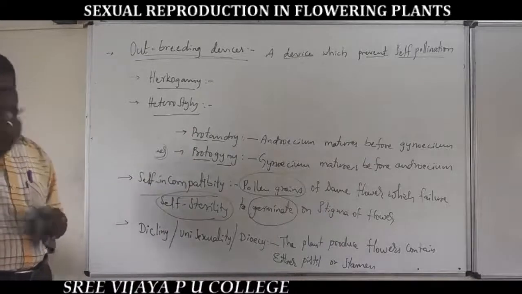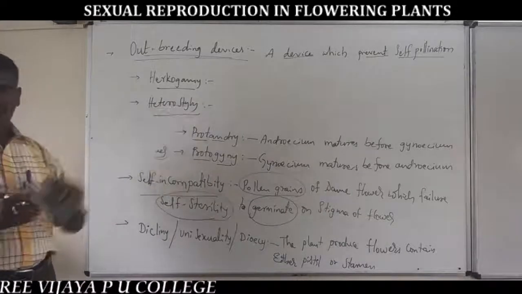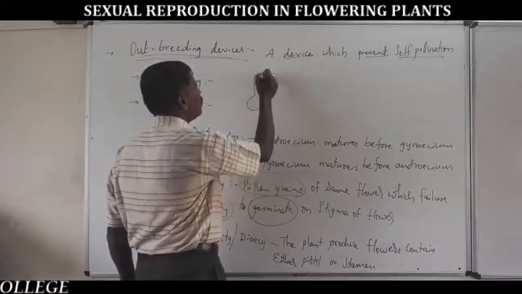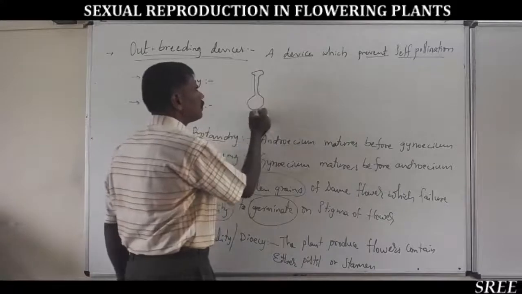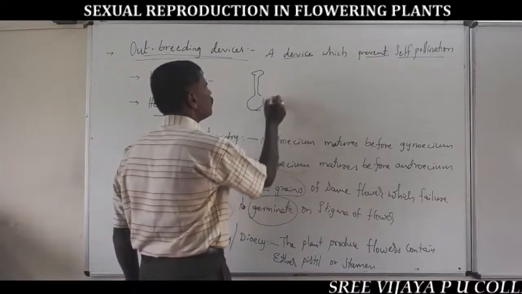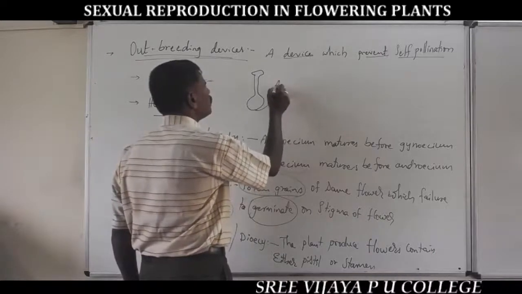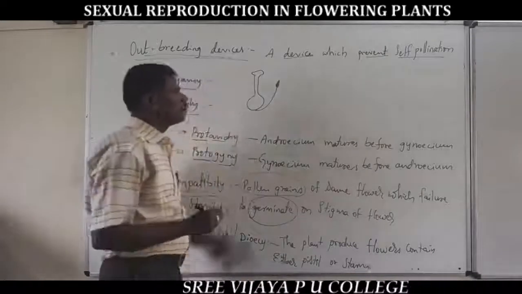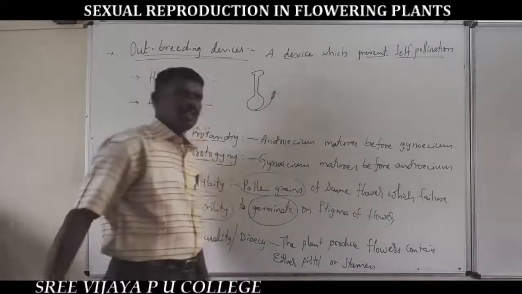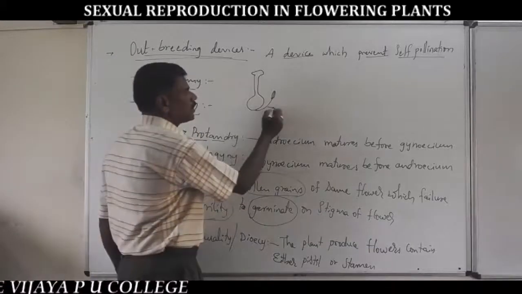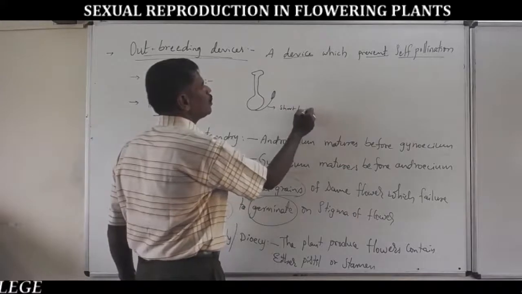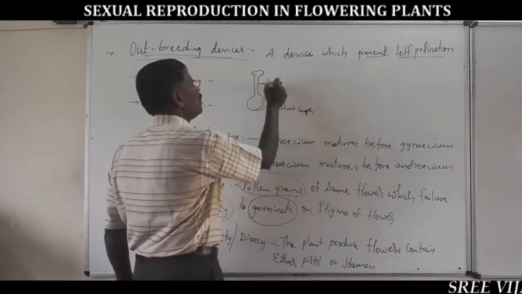Heterostyly. Here there are two different types of styles. In one, the stamen is short in length but the style is long.